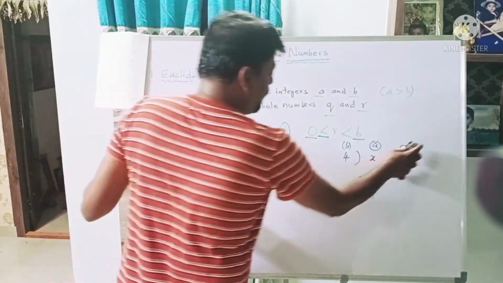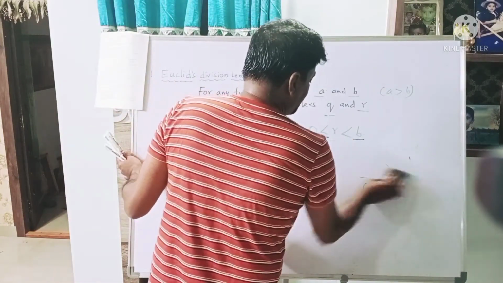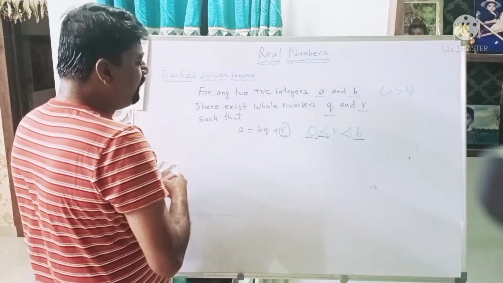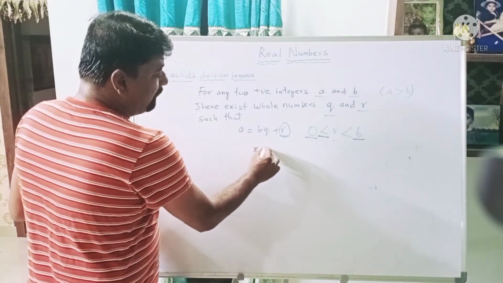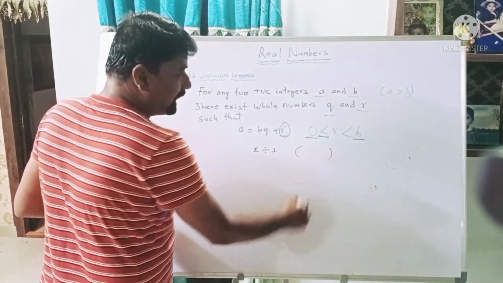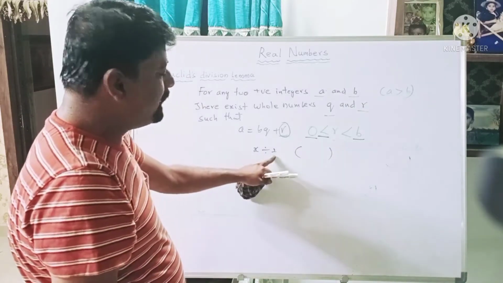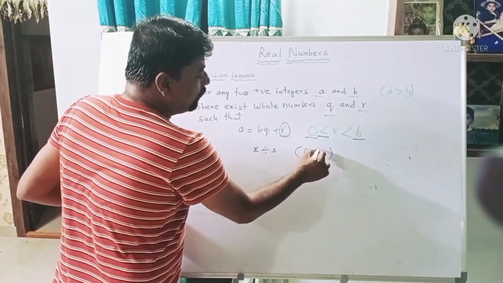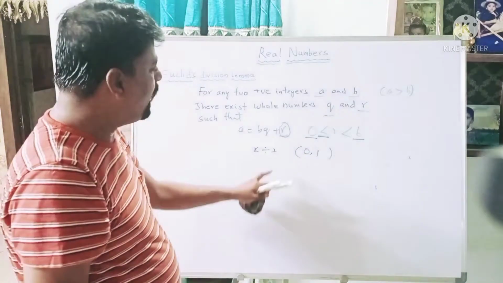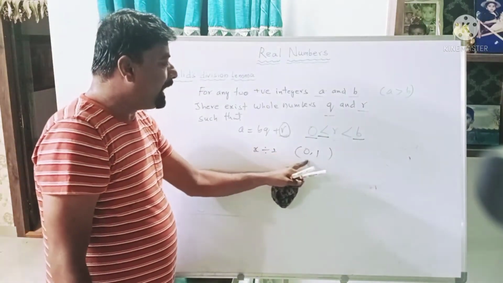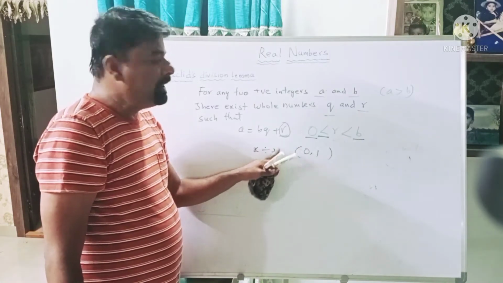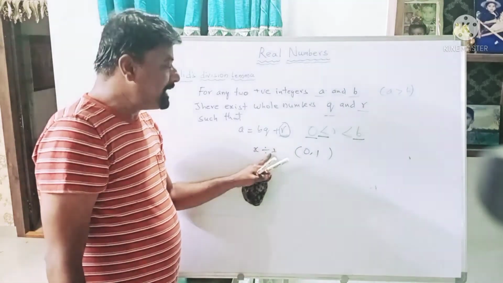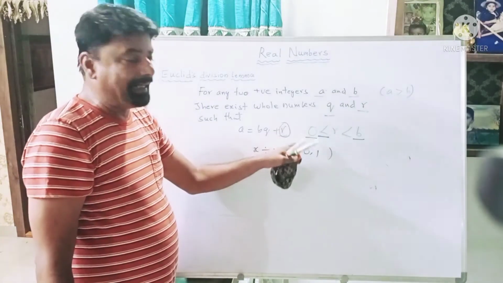Another thing I want to explain to you: if a number is divided by 2, what are the chances for the remainder, beta? If a number is divided by 2, the remainder should be 0 or 1. The remainders are 0 or 1 because the R value will not be more than the divisor, but R may sometimes be equal to 0 or greater than 0.